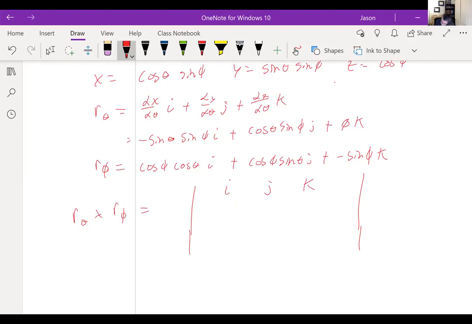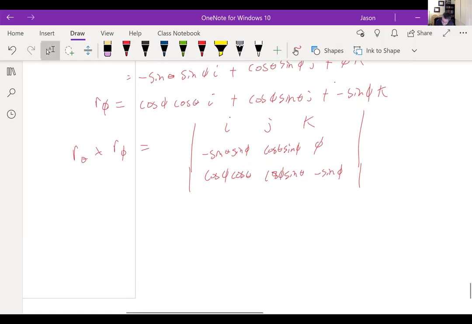This row is negative sine theta sine phi, cosine theta sine phi, and 0. And then we have cosine phi cosine theta, cosine phi sine theta, and negative sine phi.